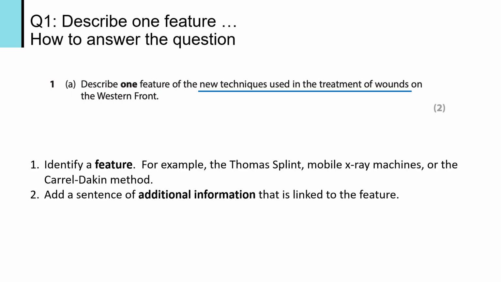These are all features of the new techniques used in the treatment of wounds. And then whichever one we choose, we need to add a sentence of additional information that is linked to this feature. Now that's really important. The additional information that you add must be linked to the feature.